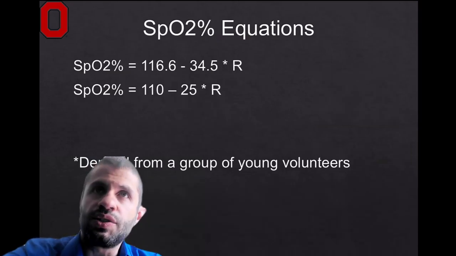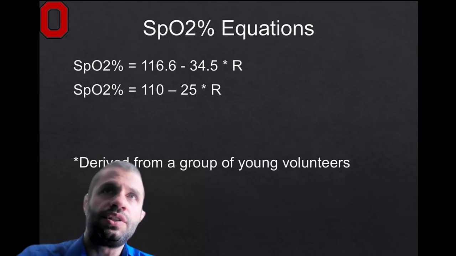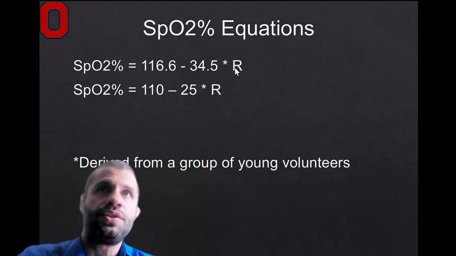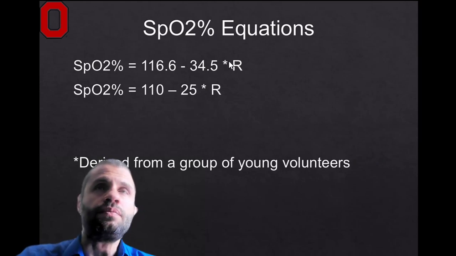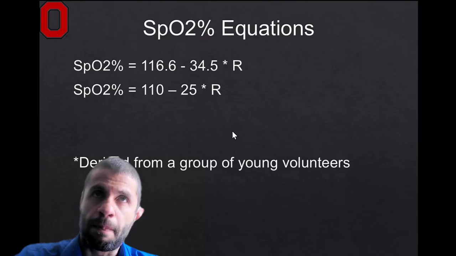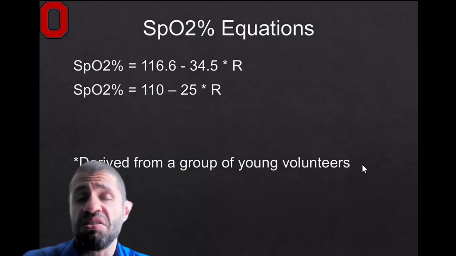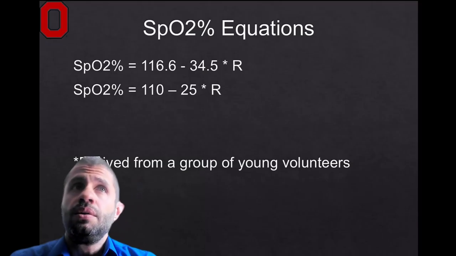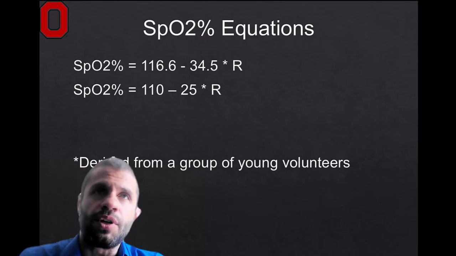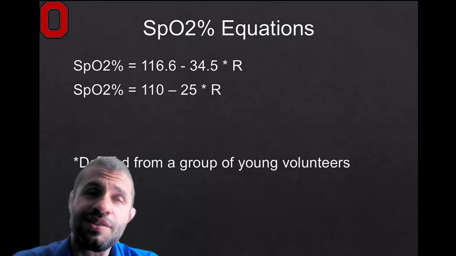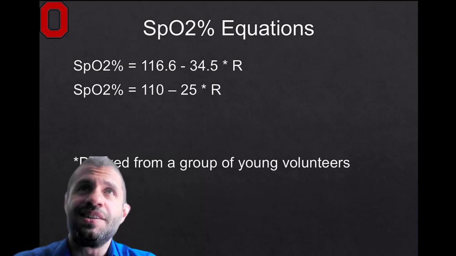This is a class exercise, but this is an example of how that equation can change depending on the device. One of the highlights of this exercise is particularly you thinking about what might be wrong with this particular statement. So think about this equation that was derived from a group of young volunteers, let's say college age students, because a lot of science is tested on college students because that's where the university does the testing.